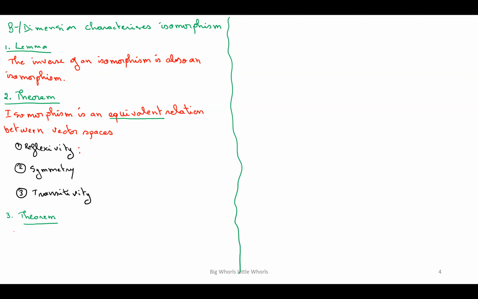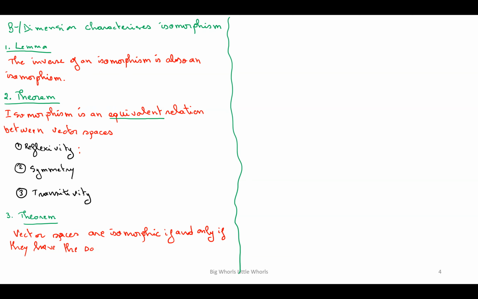Okay, it says vector spaces are isomorphic if and only if they have the same dimension.